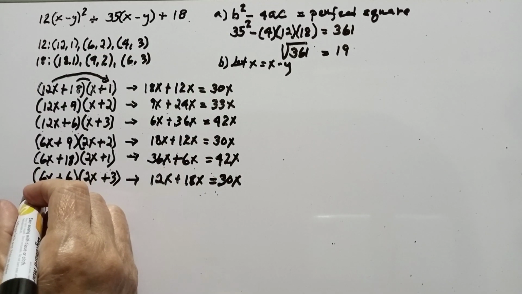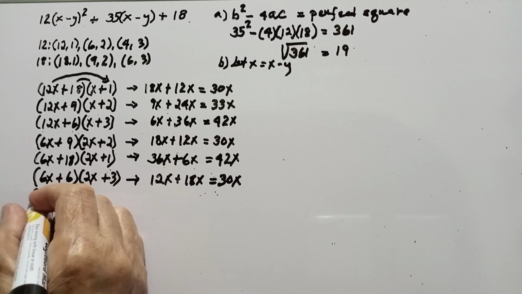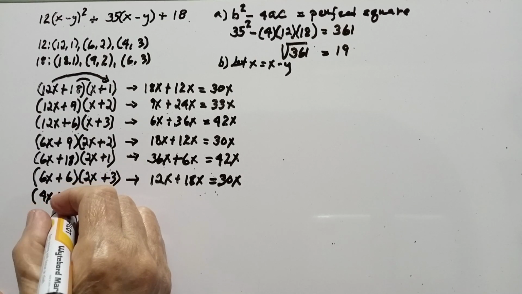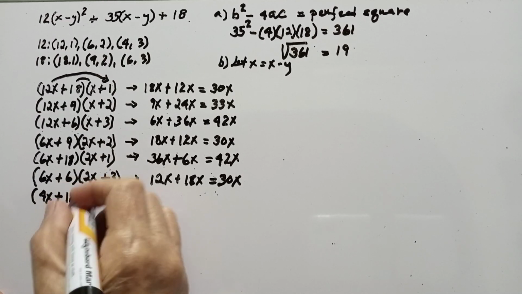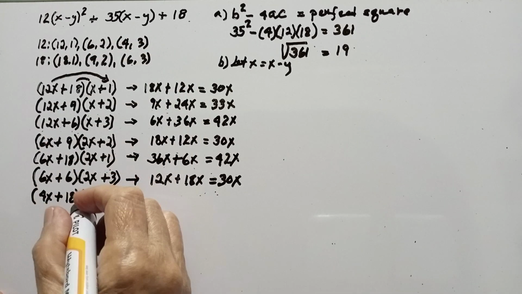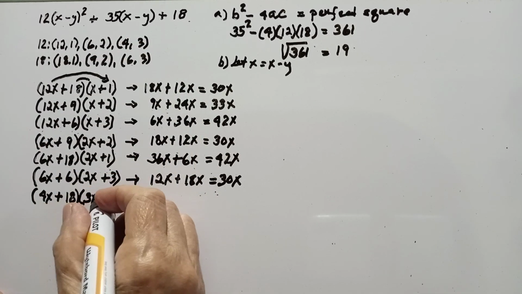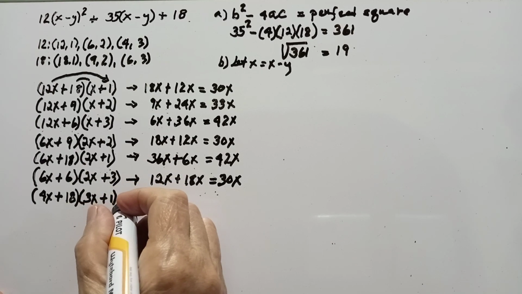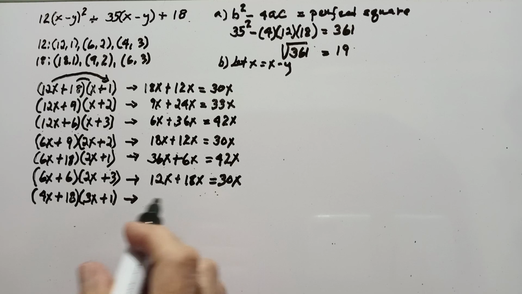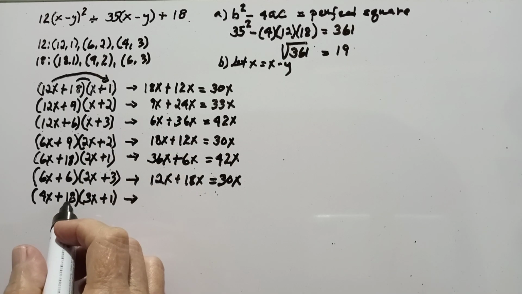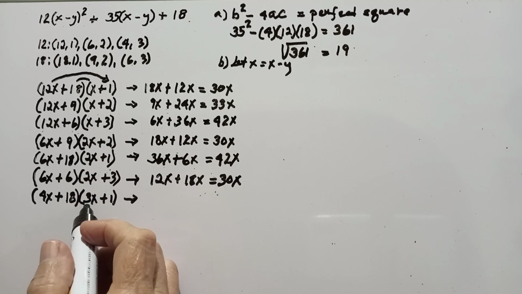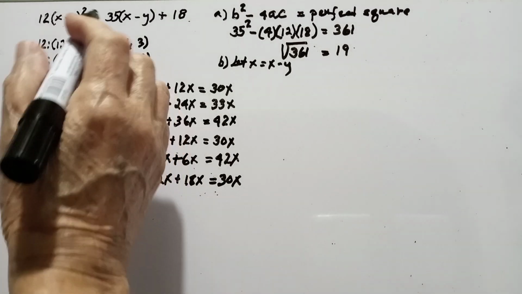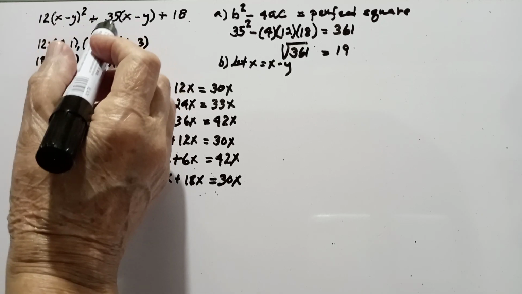Now let's go to the last one, this one, 4.3. So 4x plus 18 times 3x plus 1. By the way, take note that 18 times 3 is 54, and the outward term is only 4x, very far from the middle term, which is our target, 35.